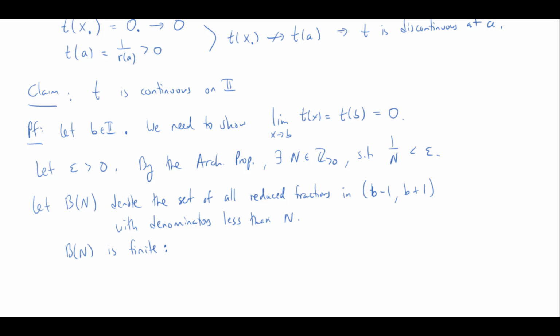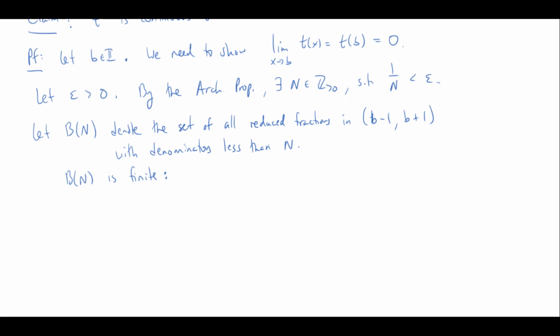So the first thing you should be thinking of is, well, all right, there's only a finite number of denominators less than n. Okay, so that's the first thing. Only a finite number of denominators less than n.